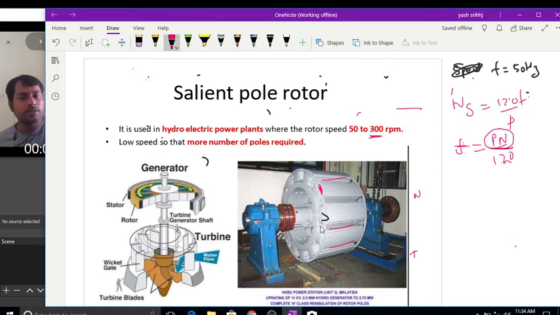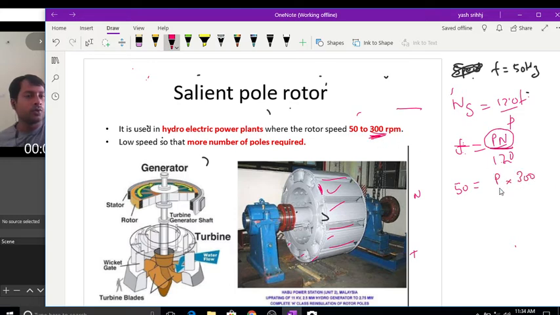Here the diameter is more, so more poles are available, 1, 2, 3, 4, 5, 6, like that. To get 50 hertz frequency, the speed of this one is 300 RPM. I'm taking 300 RPM.